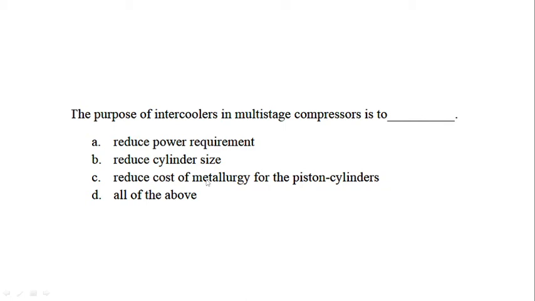This will lead to higher power consumption in the next stage, because if the outlet temperature increases, the volume of gas to be handled in the next stage will also increase, and then the work required in the next stage will also increase. So if we cool it between these two stages, we can attain a nearly isothermal condition, where the power required will be minimum.